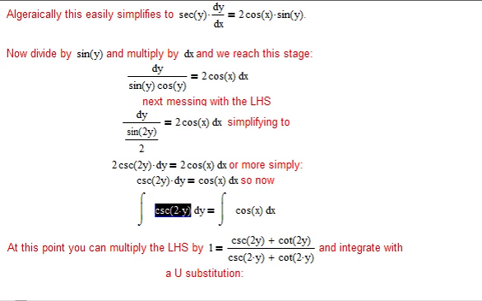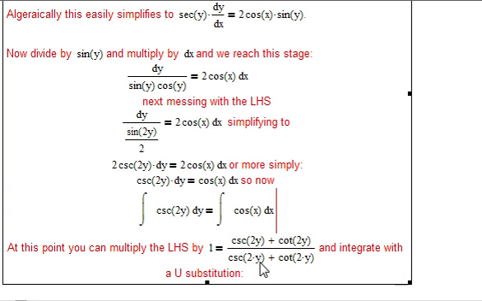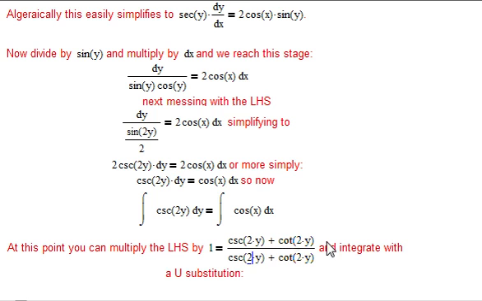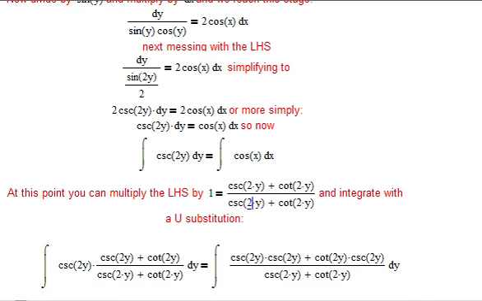So, I don't know if you remember ever doing this in Calculus 2. I can see that you do. Okay, what you have to do, you have to take the left-hand side and multiply it by 1 in the form cosecant of 2y plus cotangent of 2y divided by cosecant of 2y plus cotangent of 2y, and then integrate with the u substitution.